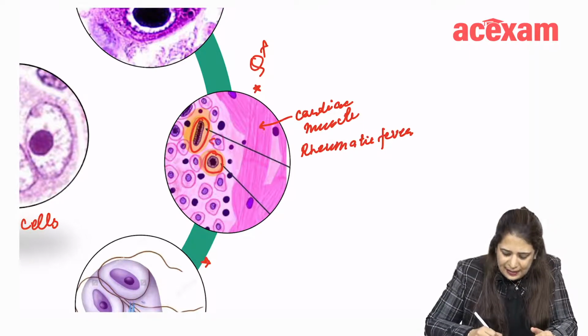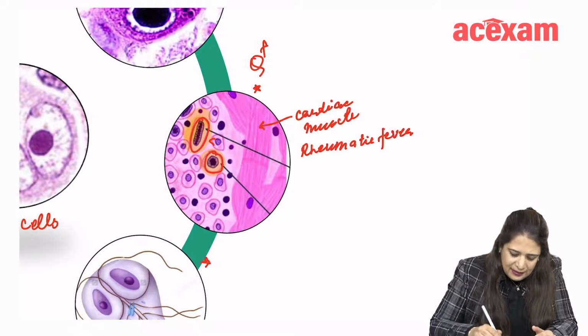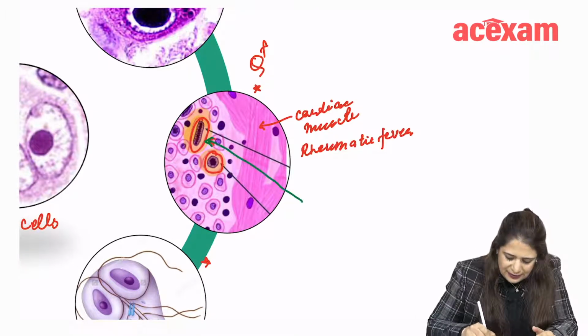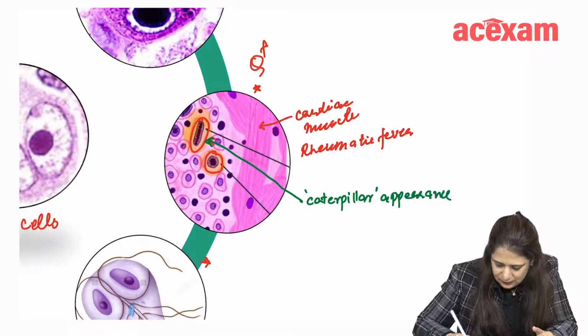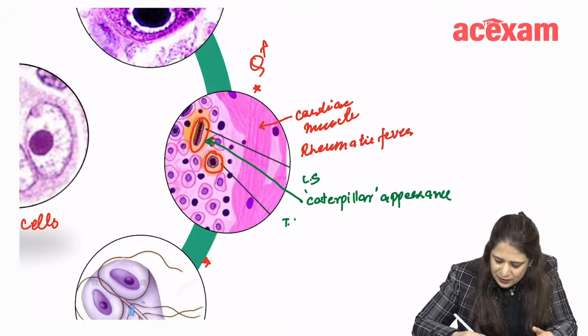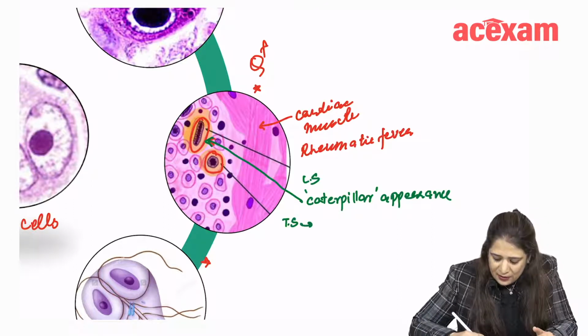Before I give up the answer, another hint: these cells show caterpillar appearance of the nuclear chromatin. Caterpillar appearance in longitudinal section, whereas in the transverse section or the cross section, they are showing this owl eye appearance.